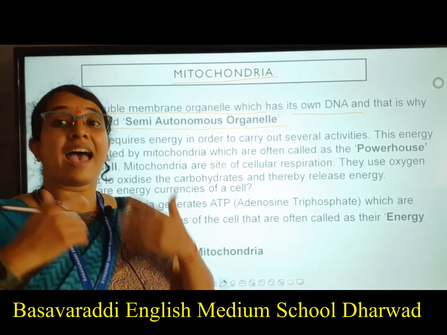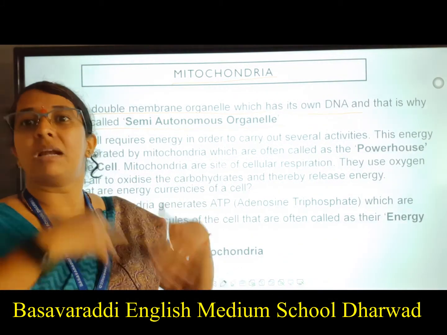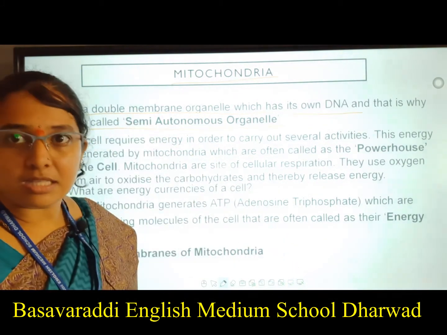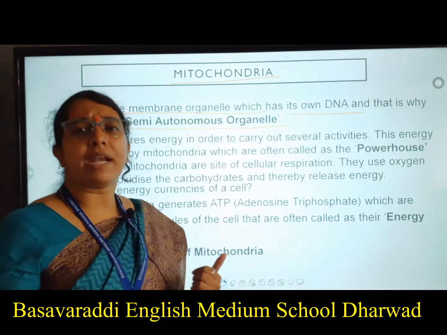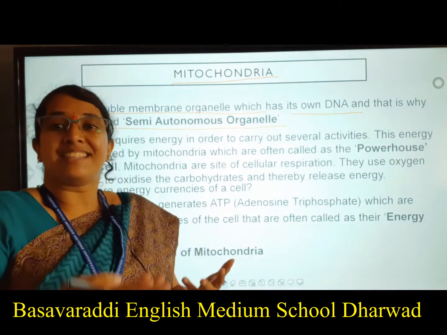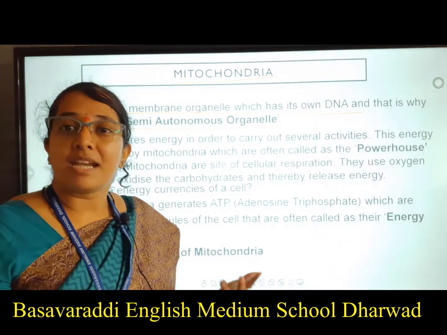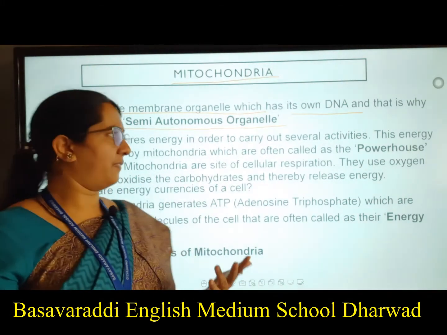That means it has the ability to multiply itself. DNA helps in multiplying the different cells. In the same way, your mitochondria has its own DNA, so if it wants to increase its number, it can increase by itself. It does not require anyone's orders. It does it by itself.